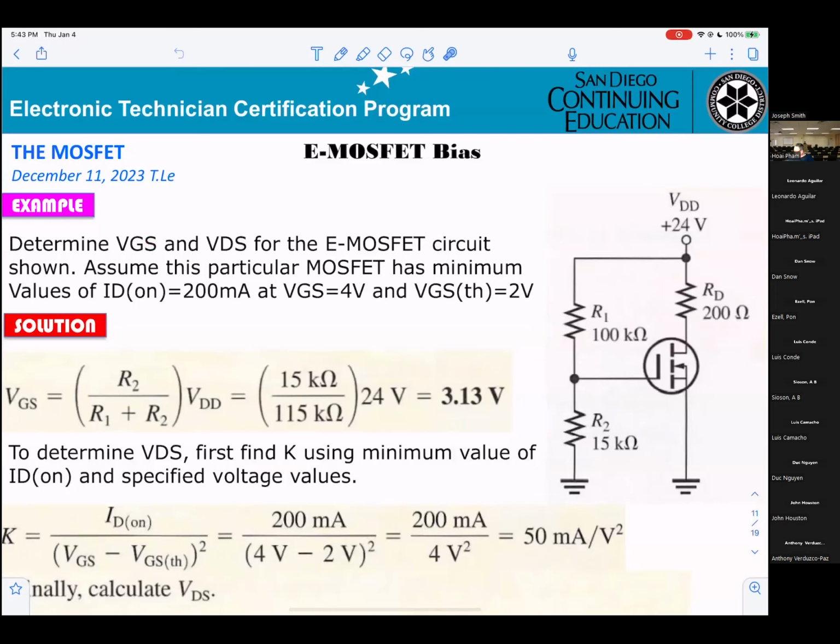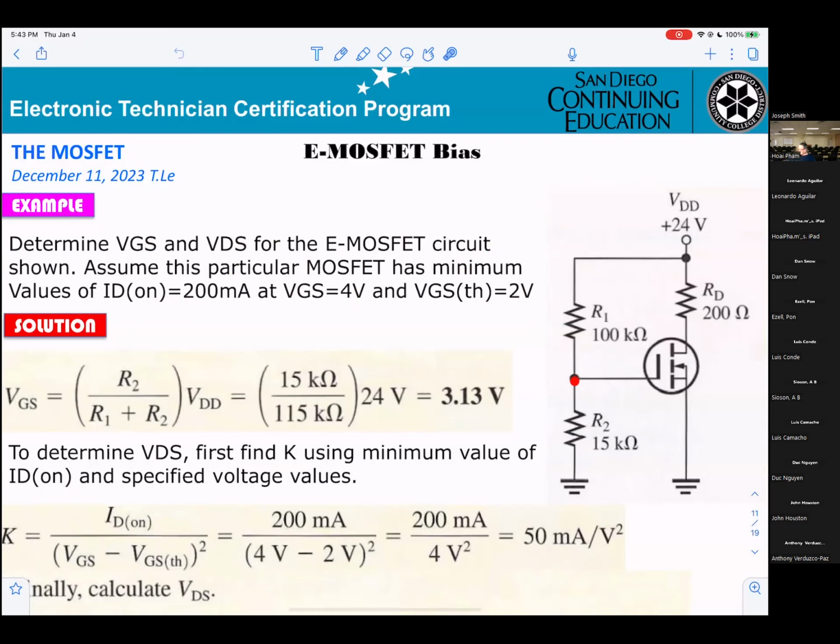Determine VGS and VDS for a MOSFET circuit. Assume this particular MOSFET has a minimum value of ID(on) at VGS equals 4 volts, VGS(th) equals 2 volts. First thing, you have to calculate the VGS right here.